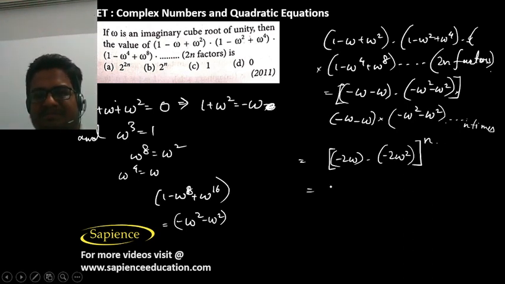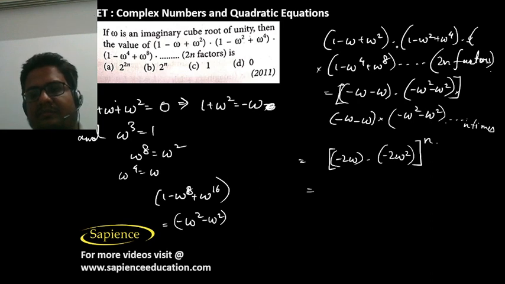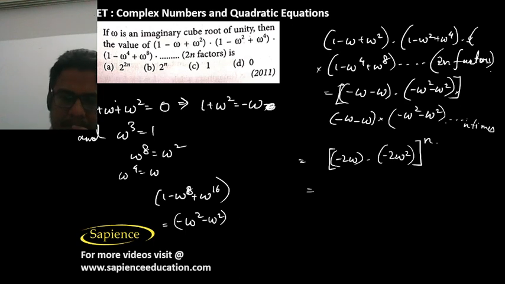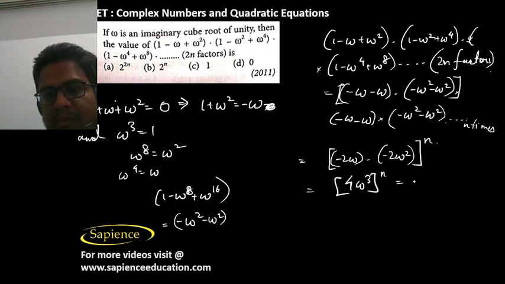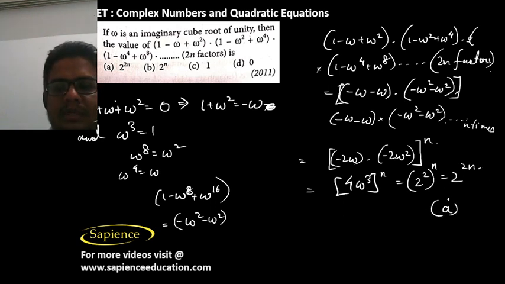So this will be whole power n. So this will be 4 omega cube whole power n. So this will be 2 square whole power n. So that is 2 power 2n. So option A is the correct answer.